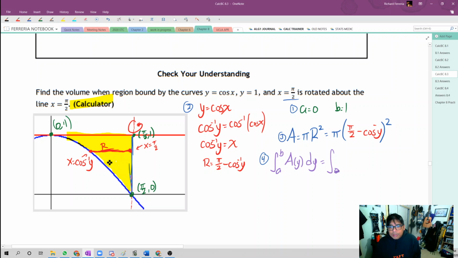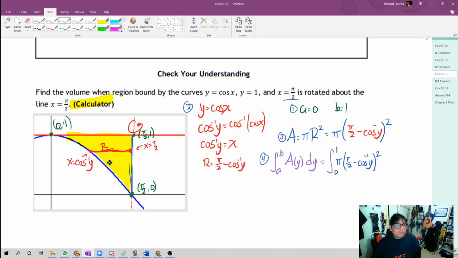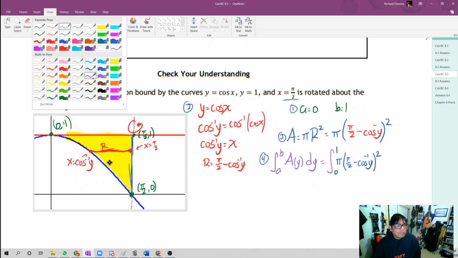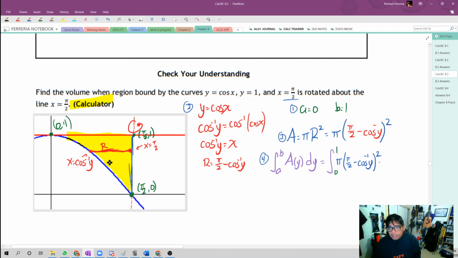Let's color code that: 0 to 1. Our area formula is pi multiplied by pi halves minus inverse cosine of y, squared, and we are doing this in terms of dy.